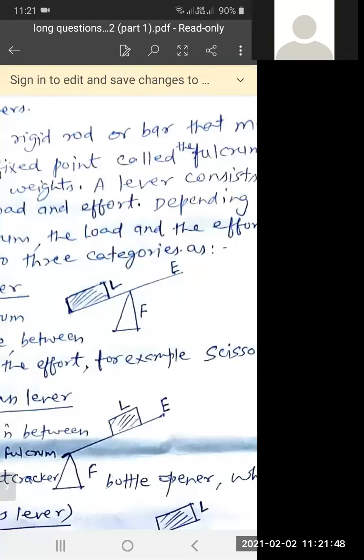Number one, first class lever. Number two, second class lever. Number three, third class lever.